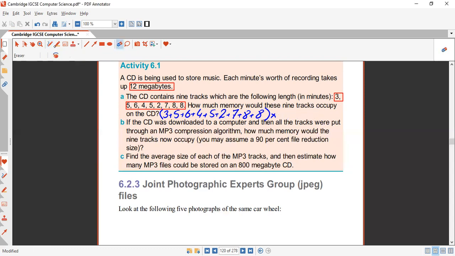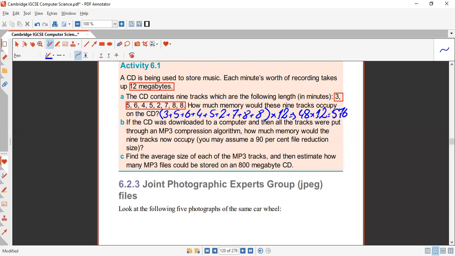We need to multiply by 12 because 1 minute was taking 12 megabytes. So obviously these minutes will be multiplied by 12. So 48 is multiplied by 12, and now we will be getting the answer finally. So that's 576.